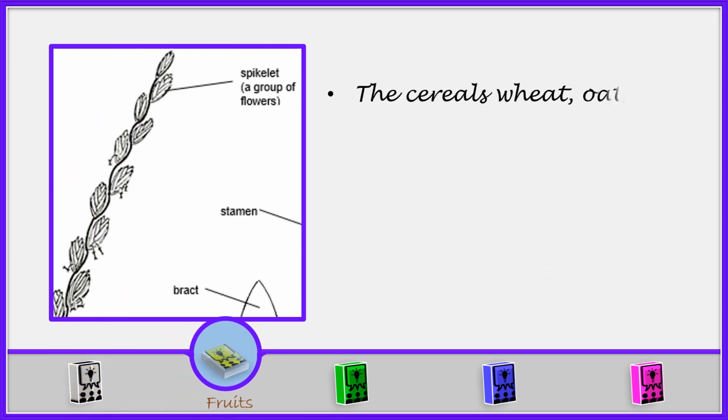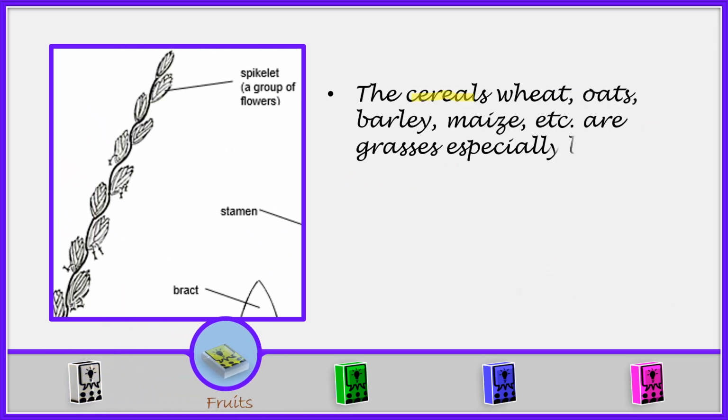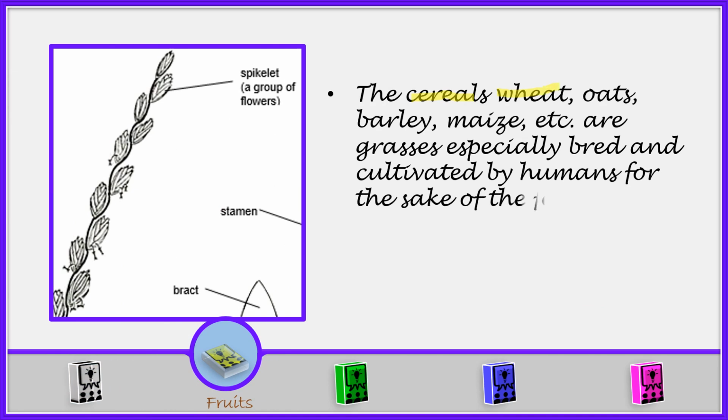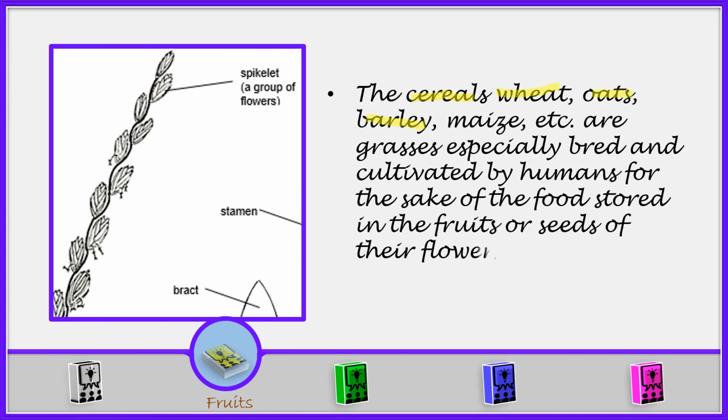The cereals, that is wheat, oats, barley, maize, and many others are grasses, especially bred and cultivated by humans for the sake of food stored in the fruits or seeds of their flowers.